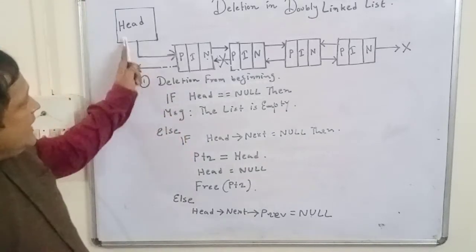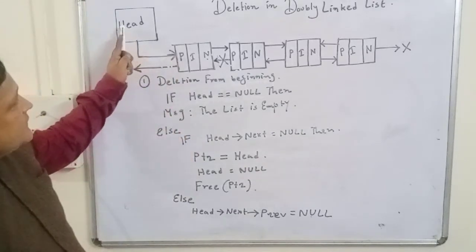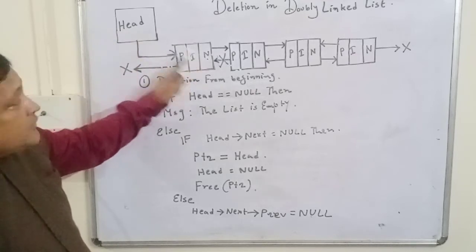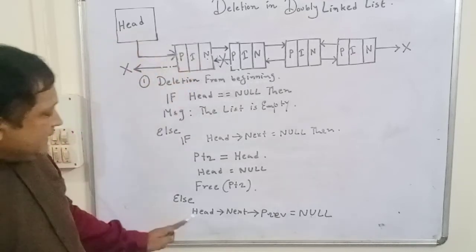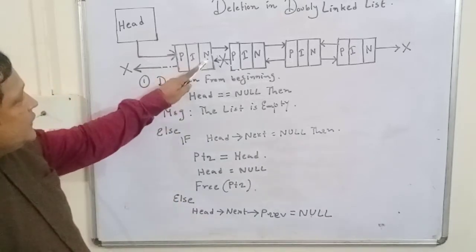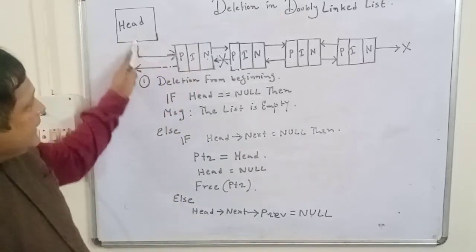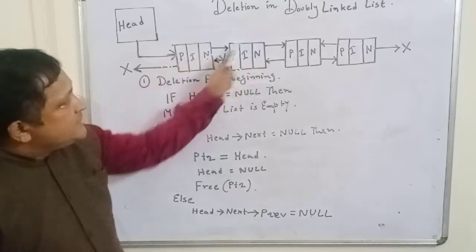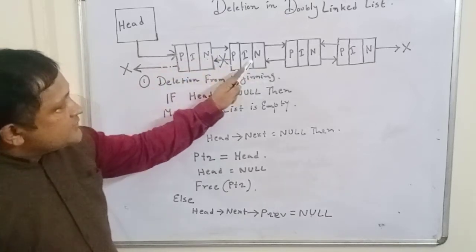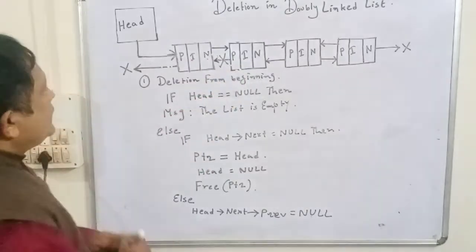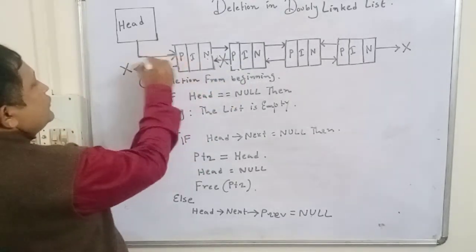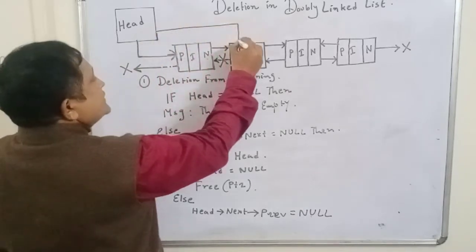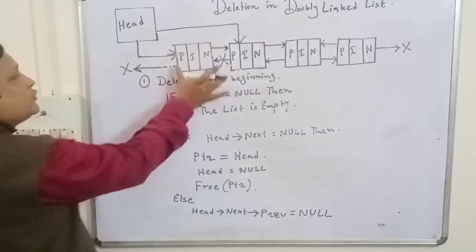Now, head next. What is head next? The next part of the node pointed by head. This means this next, and this next is holding the address of this. Henceforth, we don't want this one. Rather, the head should directly be connecting to the second node because we want this node to be deleted.